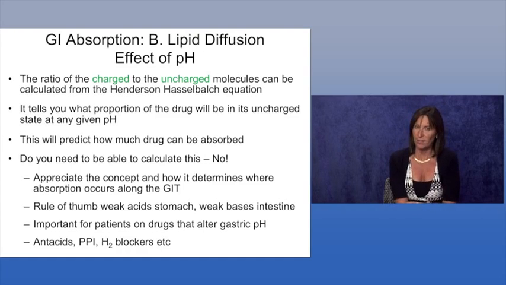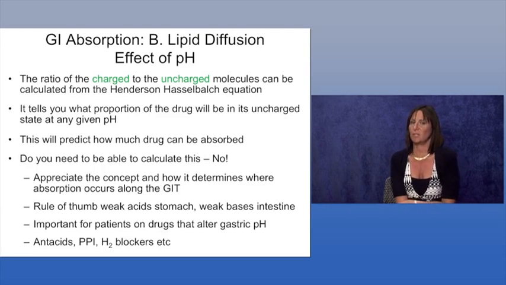We can simplify it a little bit further. We can say an easy rule of thumb is that weak acids are absorbed in the stomach more easily and weak bases are absorbed more efficiently in the intestine.